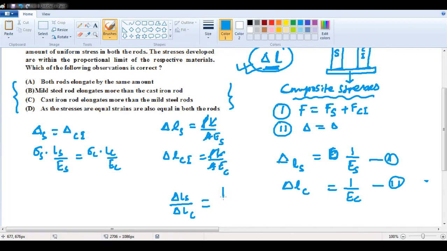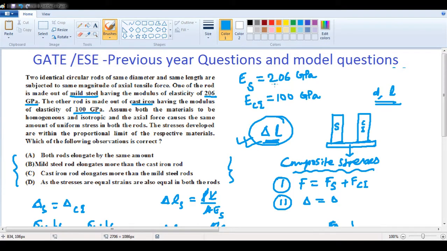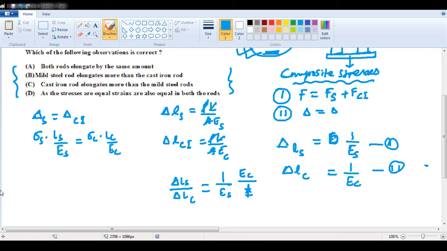So that is 1 by EC. So here the value of EC is what? 100 and ES is 206. Therefore delta S by delta C is 100 by 206.